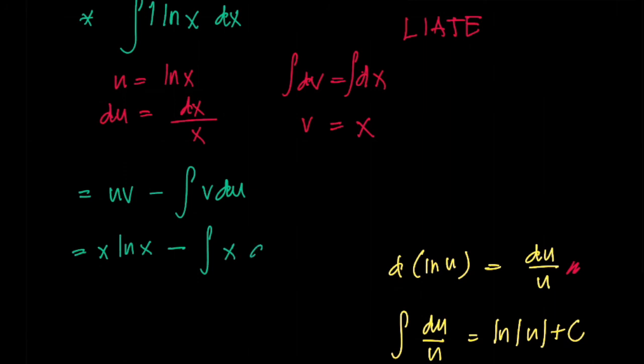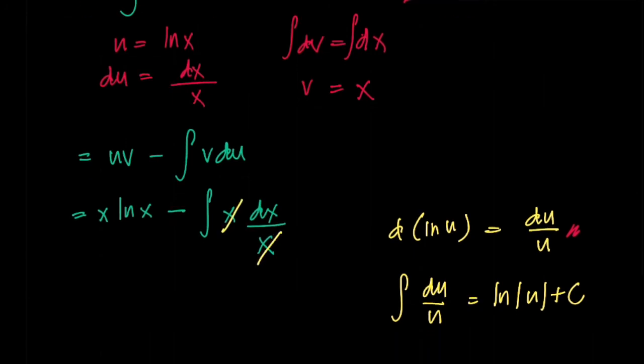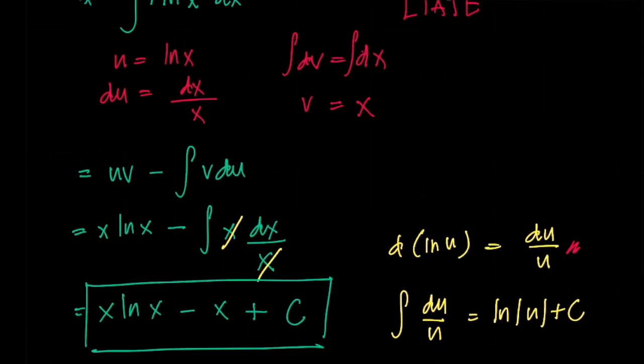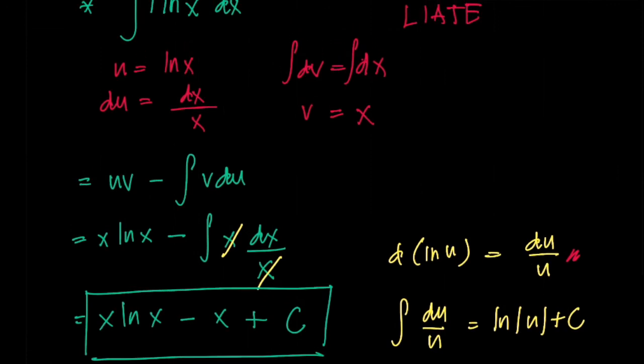Then, what's du? dx over x. So, eto pwede natin ma-cancel out yung x. So, the integral of dx is simply x. So, x, the natural logarithm of x, minus x plus c. And this is now our final answer. So, the integral of natural logarithm of x is just equal to x ln of x minus x plus c.